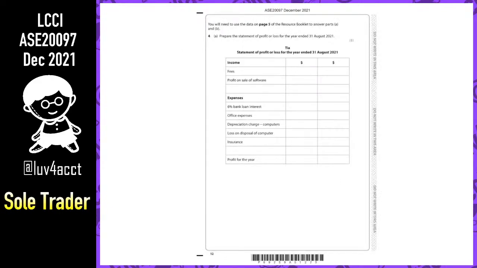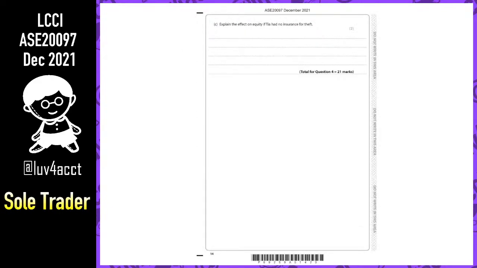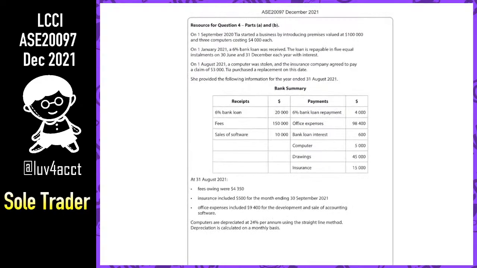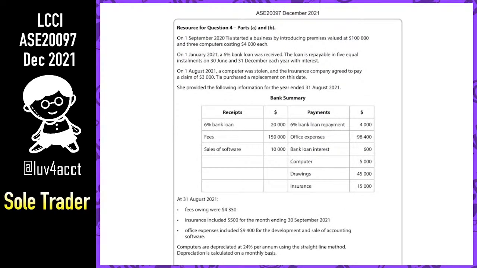So just calculations, and then we still have one little question: effect on equity if there's no insurance for theft. Interesting. Then we will have an expense, of course. So on 1st of September, Tia started the business, introducing premises, and then 3 computers each. Be careful, each.